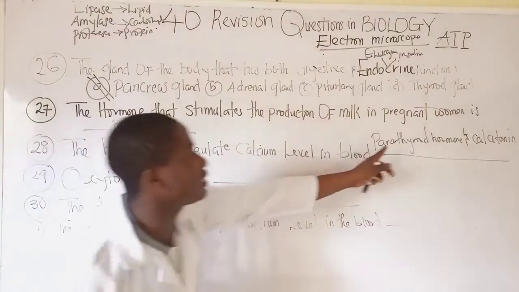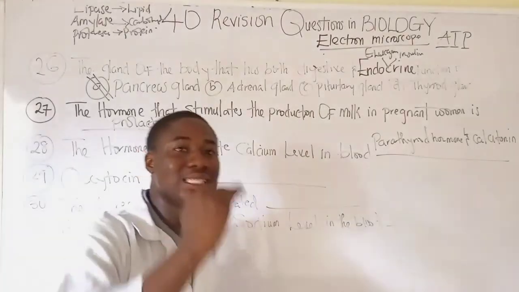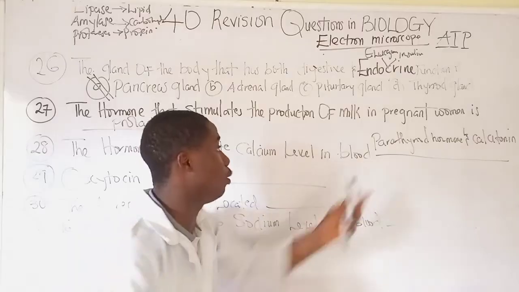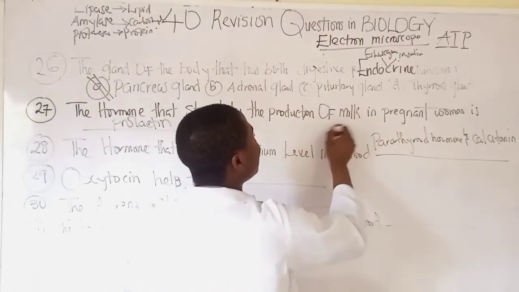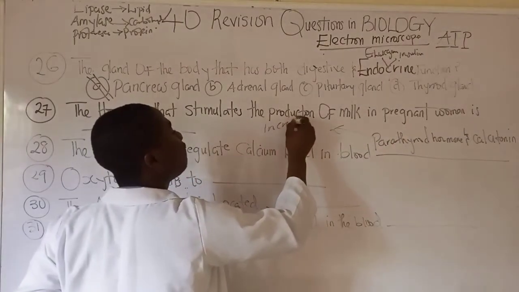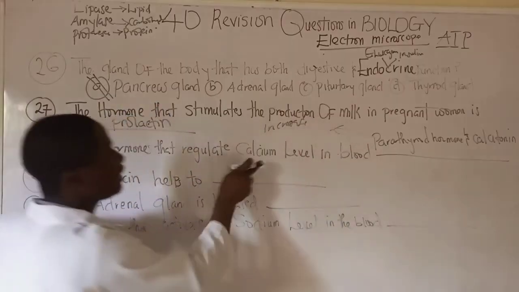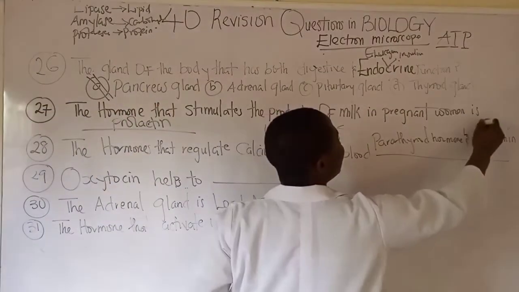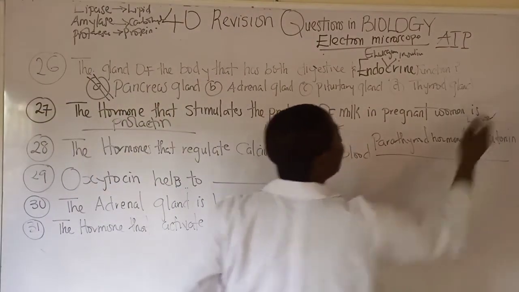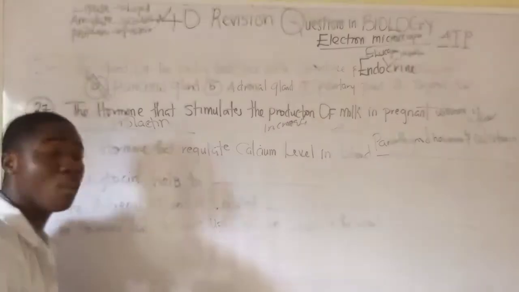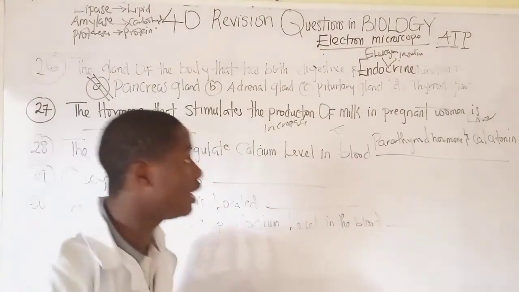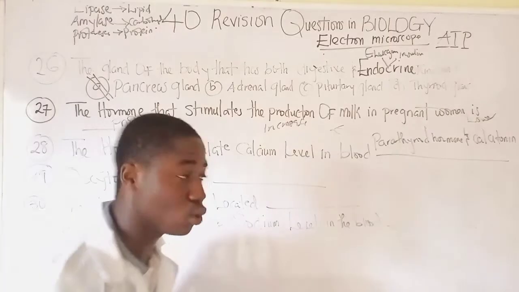But parathyroid hormone increases the level of calcium in the blood, while calcitonin lowers the level of calcium in the blood. So the two hormones that regulate calcium level in the blood are the parathyroid and the calcitonin hormone.